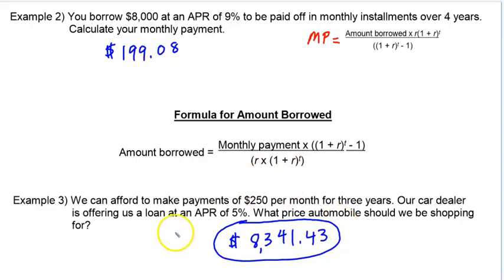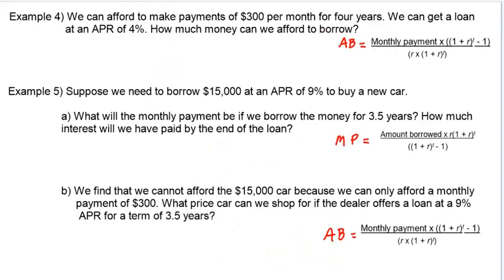All right, so hit pause and make sure you're able to use your calculator correctly. Don't just assume. Another opportunity to use this formula, so see if you can, for example 4, take your amount borrowed formula and see if you can come up with this amount borrowed for this scenario.